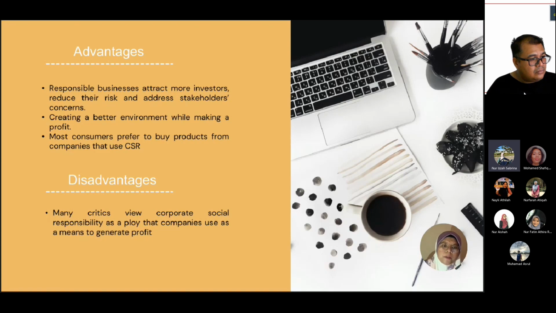The last one for advantages is most consumers prefer to buy products from companies that use CSR. For disadvantages of CSR, many critics view corporate social responsibility as a ploy that companies use as a means to generate profit.